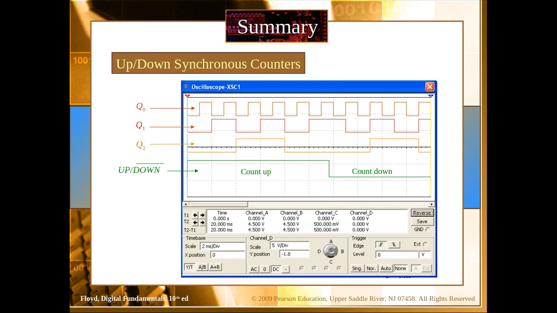Once the countdown is activated by giving it a 0, the waveform changes such that now it starts from 111, and then with each clock pulse the count is reduced by one number.